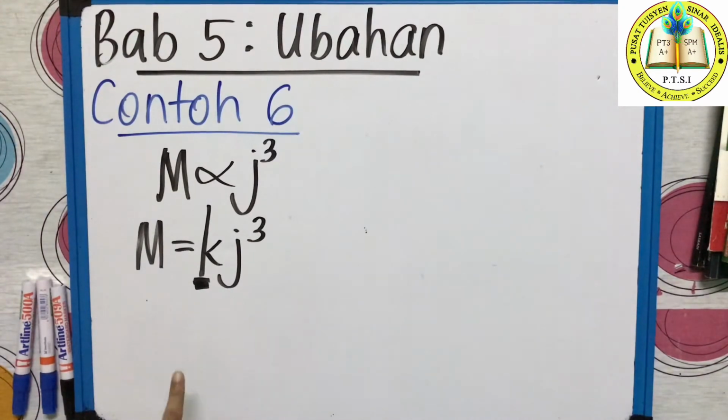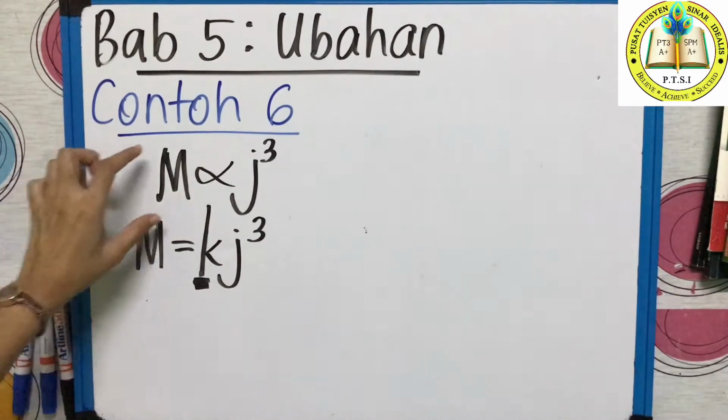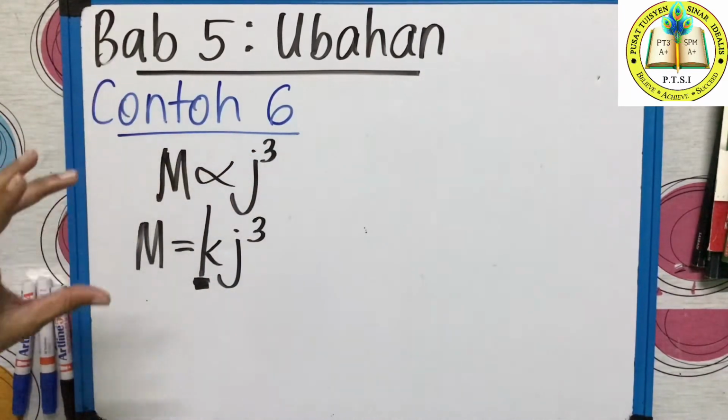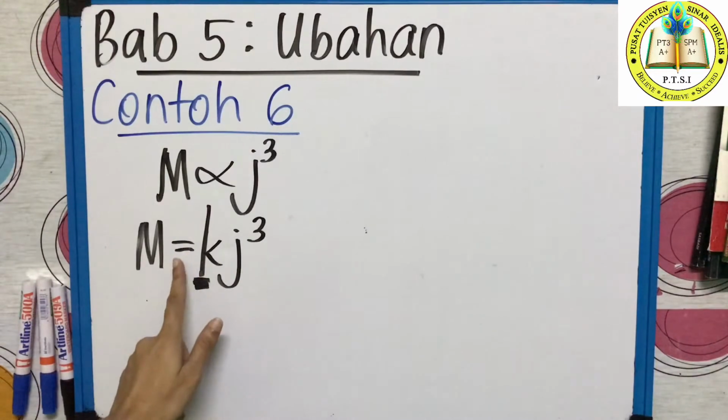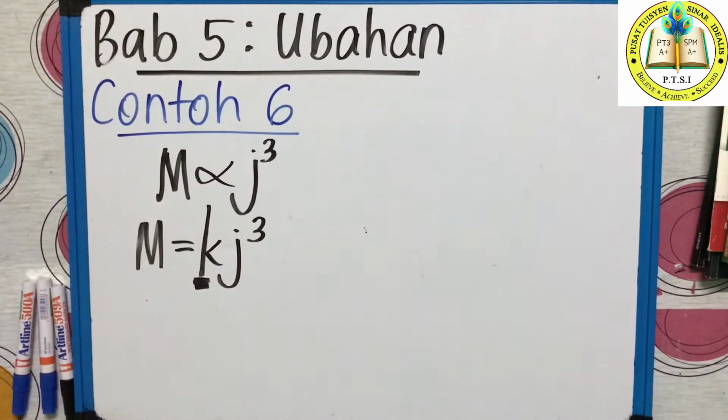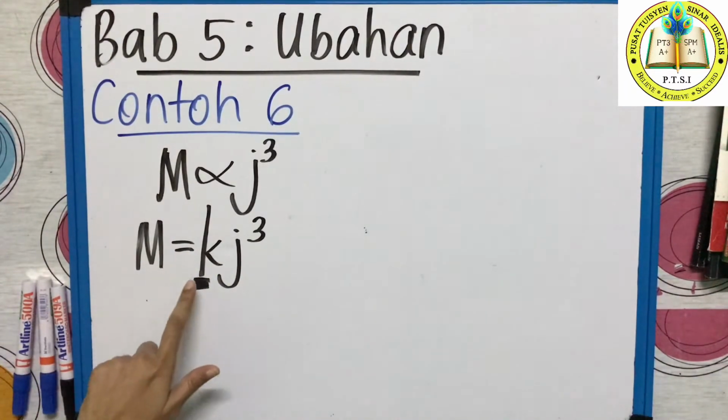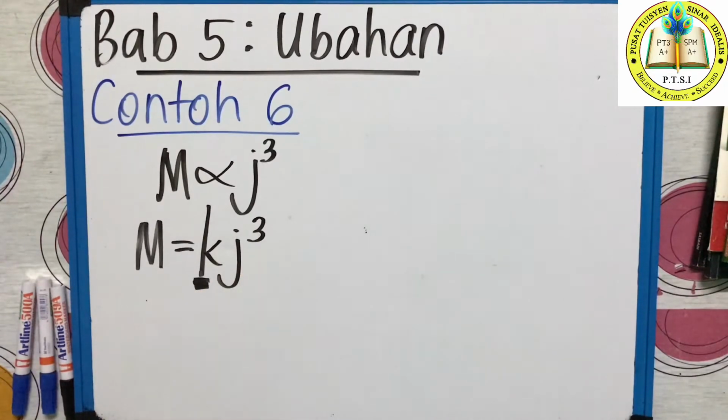That is constant. Every time you write the equation, must have a K. Yang ini ubahan, but after that, if you want to make an equation, must have a K. Where must you put the K? The K must be after the equal. Nampak tak kelas? M equal K J kuasa 3. So the K is constant.